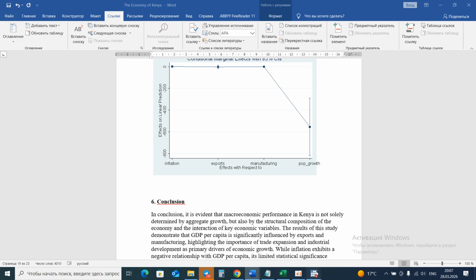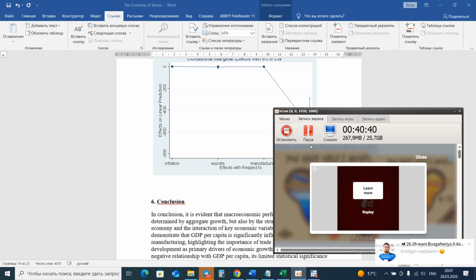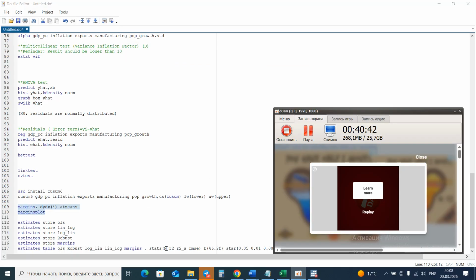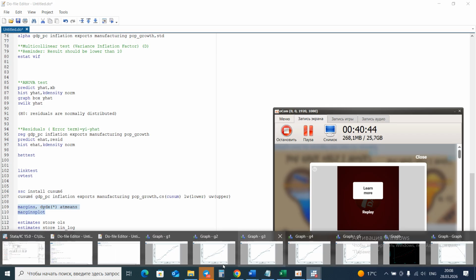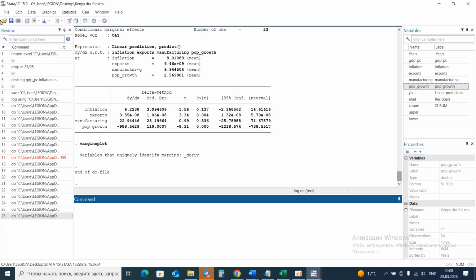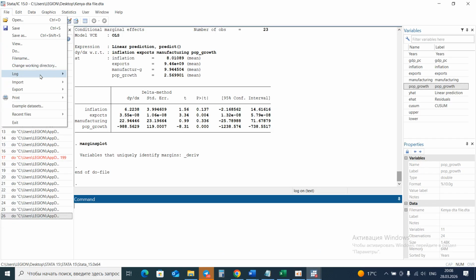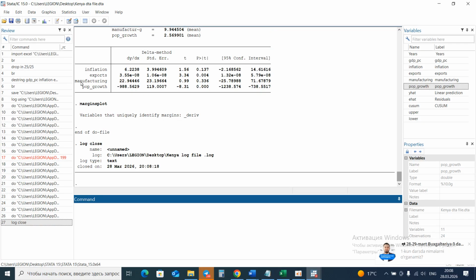And then we have finished with our Stata here. Now we have to close the log that we have started. Close. So as you can see, it is closed now. And it has saved all the commands that we have given and all the replies or process that we had.